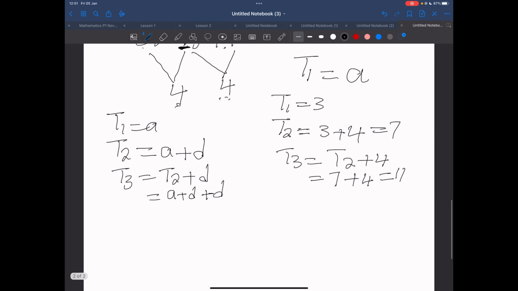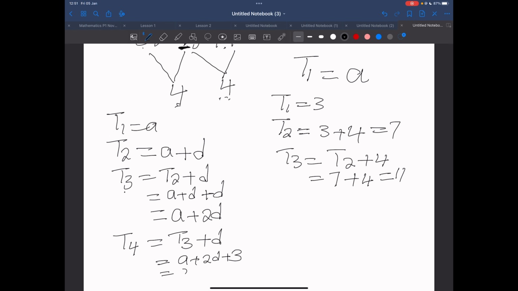So we can see now that we have A plus 2D. So term number 3 is A plus 2D. We can do the same with term number 4. It is term number 3 plus the difference. In other words, it will be A plus 2D plus the difference.